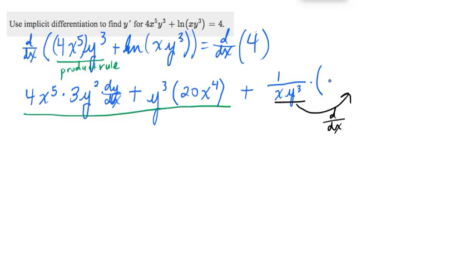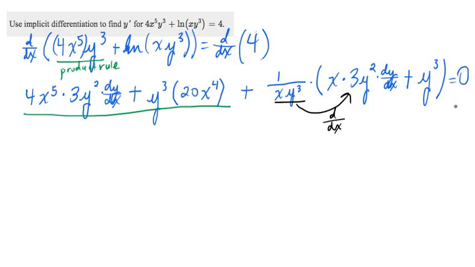The first factor is x times the derivative of y cubed, 3y squared times dy/dx, plus the second factor y cubed times the derivative of x, which is 1. And all of that equals the derivative of 4, which is a constant, so that derivative is 0.